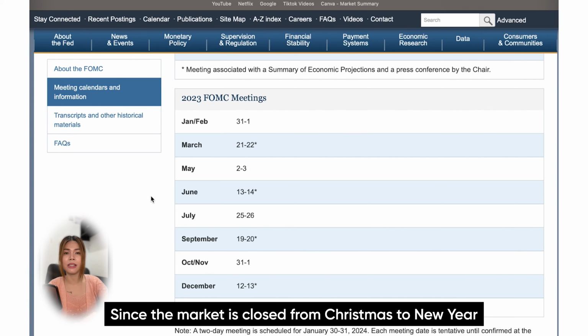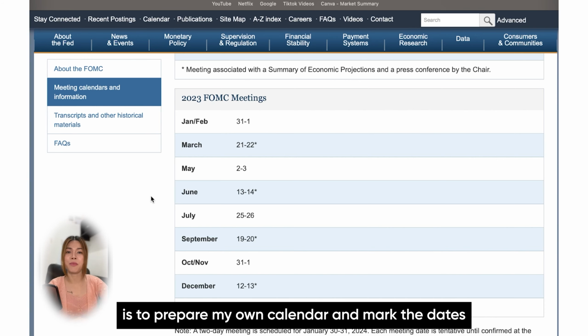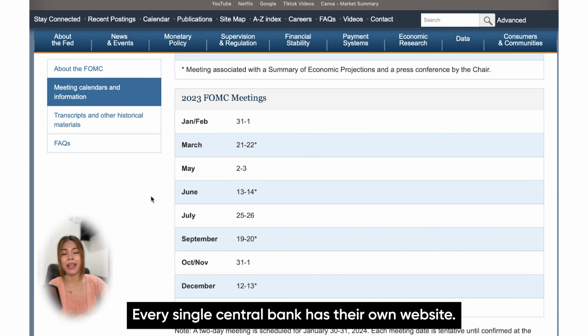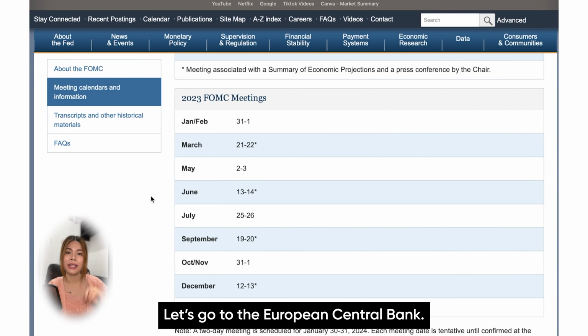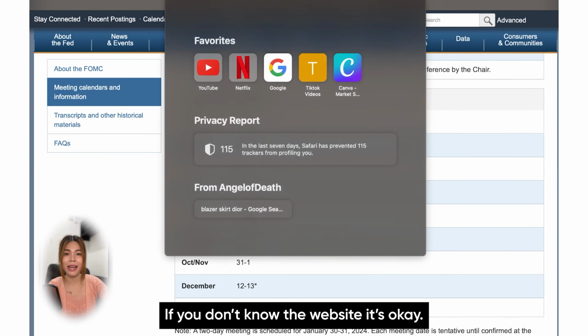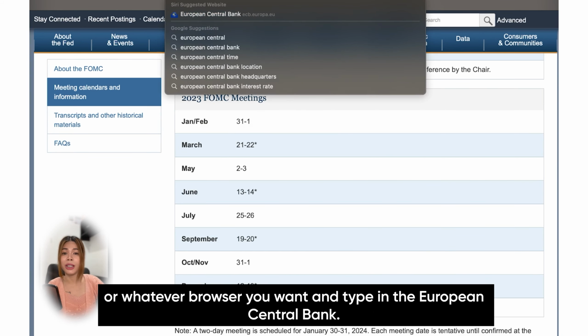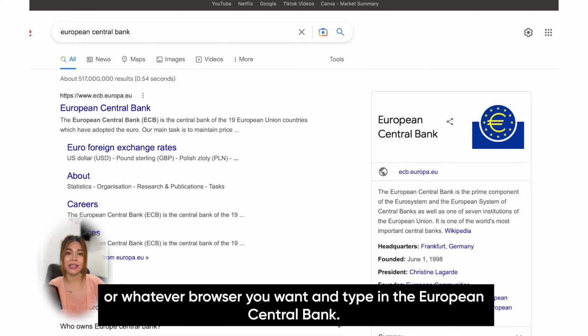Since the market is closed from Christmas to New Year, what I like to do is prepare my own calendar and mark the dates where the central banks would be meeting. Every single central bank has their own website. So, let's go to European Central Bank. If you don't know the website, it's okay. Just go to Google or whatever browser you want and type in European Central Bank.